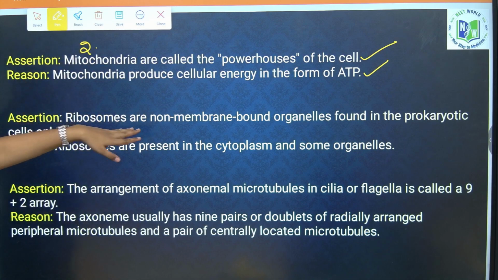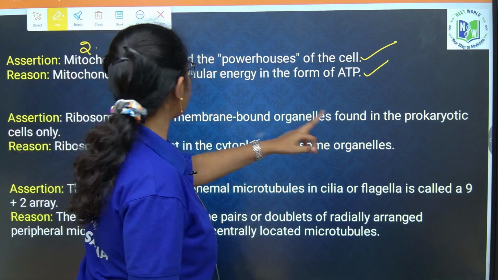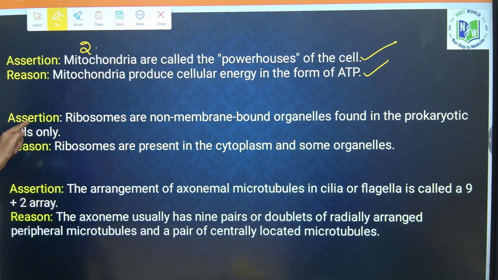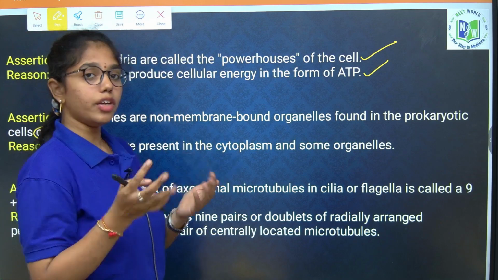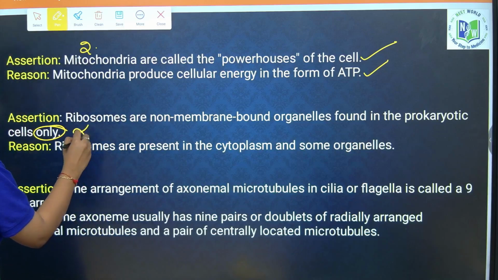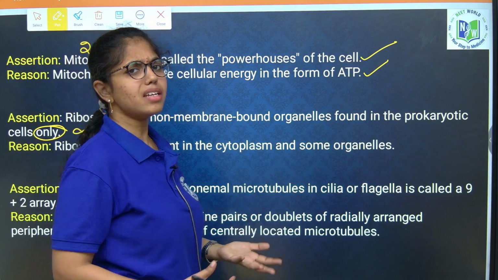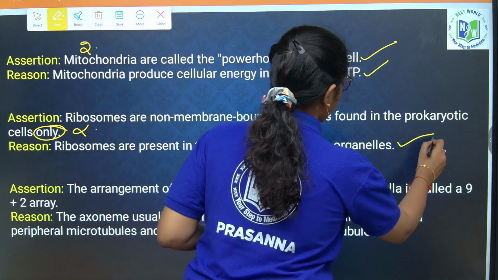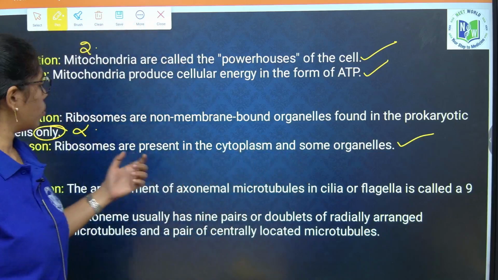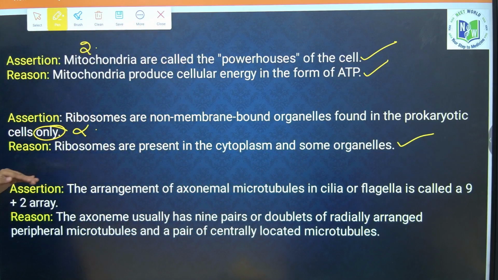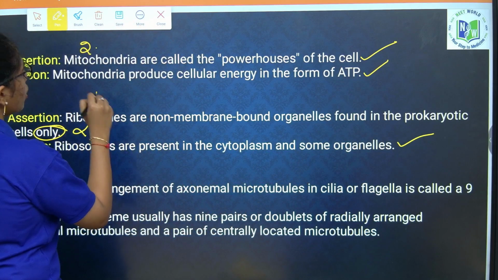Here, ribosomes are non-membrane bound organelles found in prokaryotic cells only. No, they are present in both prokaryotic and eukaryotic cells. So, this statement is wrong. Ribosomes are present in the cytoplasm and some organelles like chloroplast and mitochondria. Reason is true, assertion is false. Then our option will be 4.